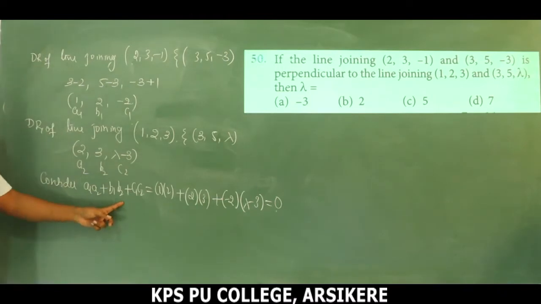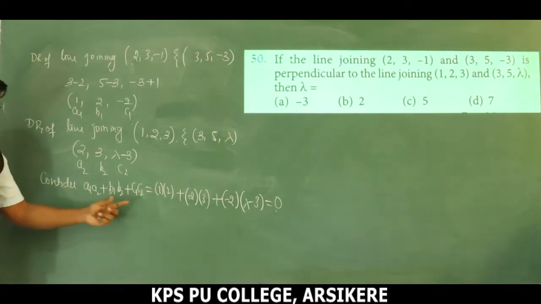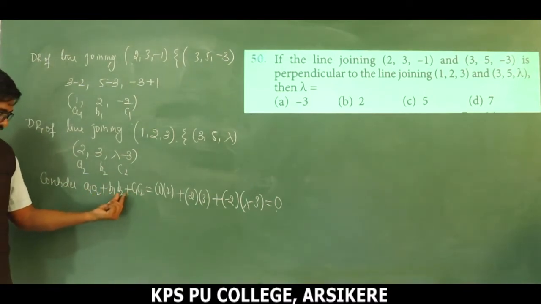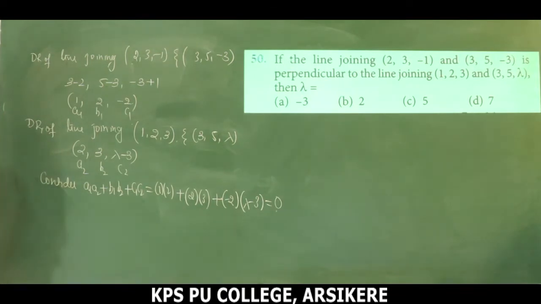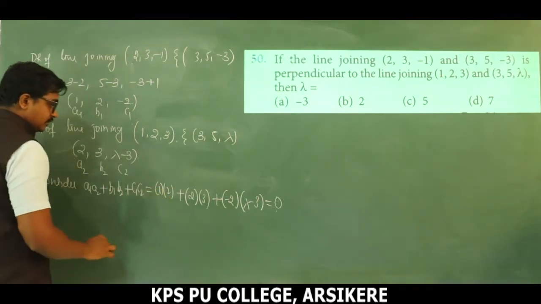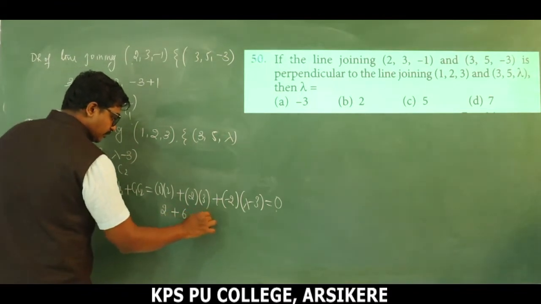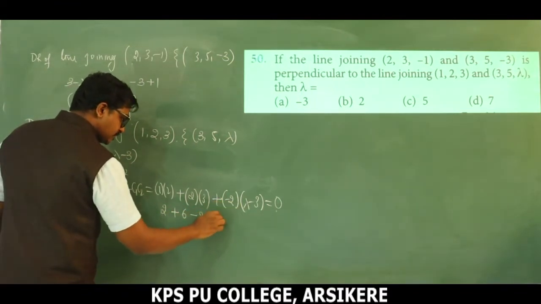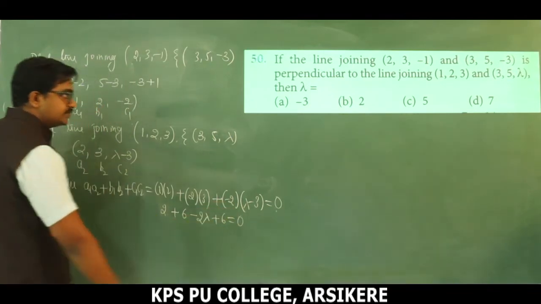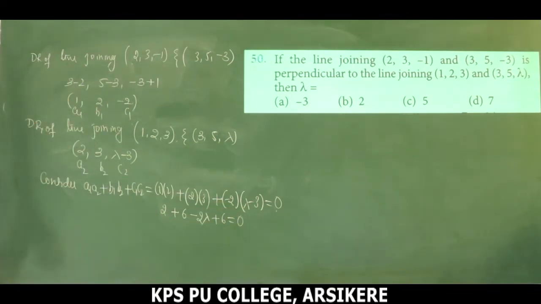Because the lines are perpendicular to each other, this value has to become 0. So what do we conclude here? 1 into 2 is 2, plus 6, minus 2 lambda, minus into minus becomes plus 6, is equal to 0.